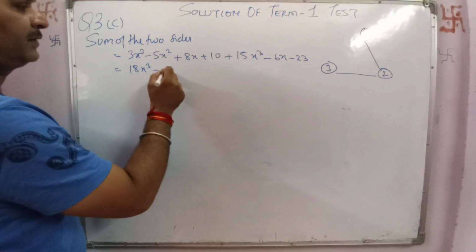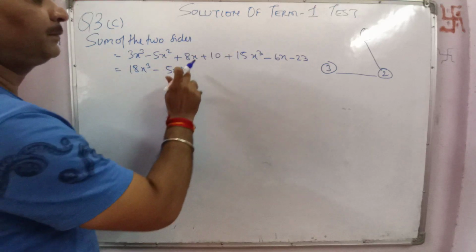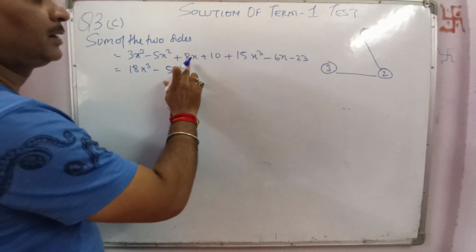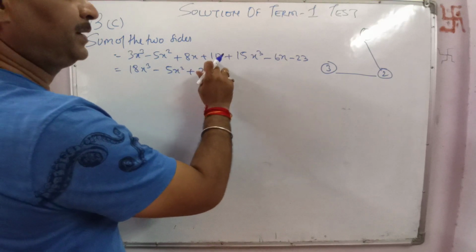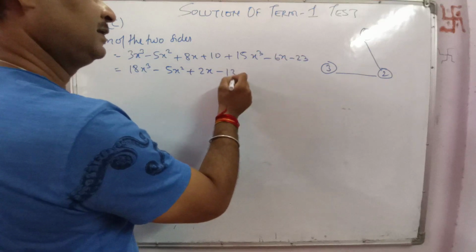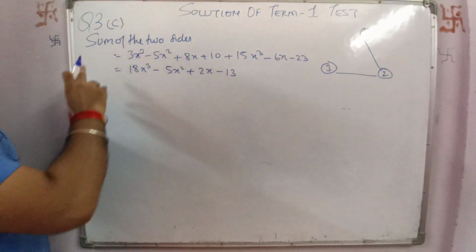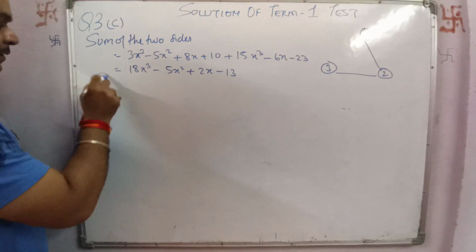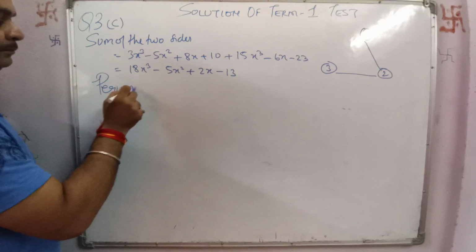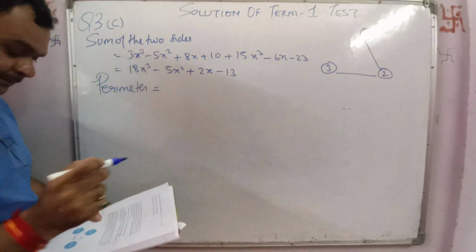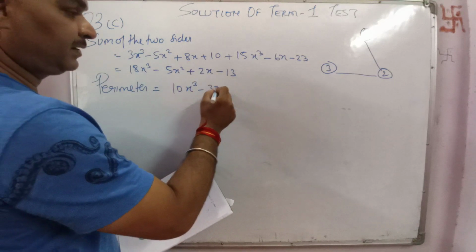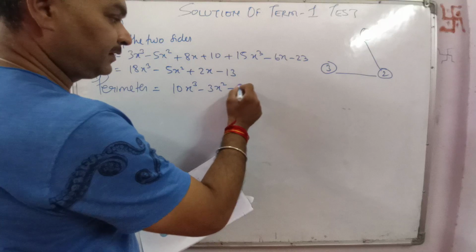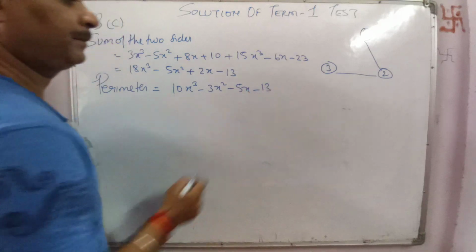There is no term of x square other than minus 5x square, so simply minus 5x square, plus 8x minus 6x, that is plus 2x, plus 10 minus 23 is minus 13. Now this is the sum of the 2 sides. The perimeter is given, 10x cube minus 3x square minus 5x minus 13.